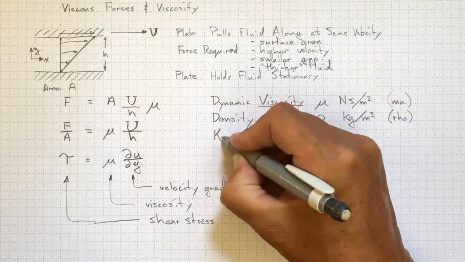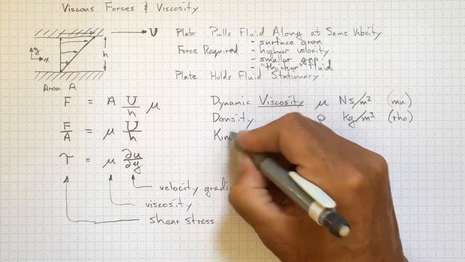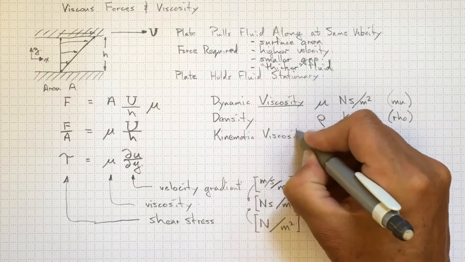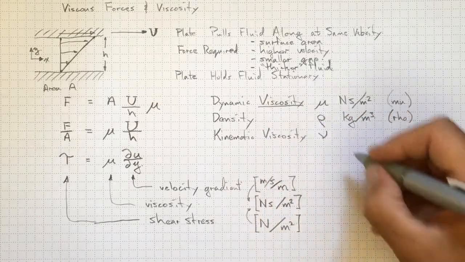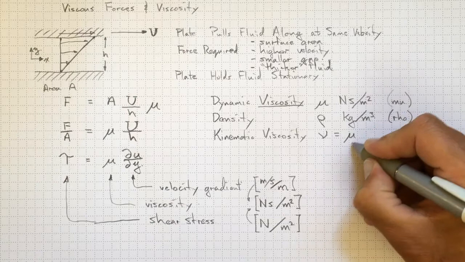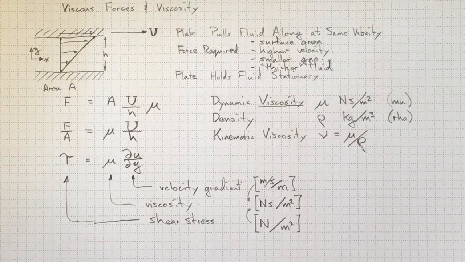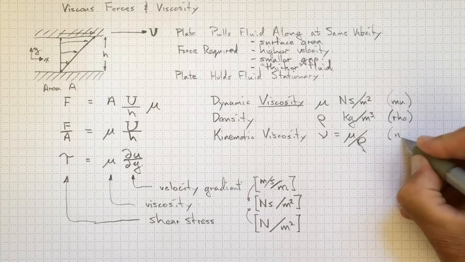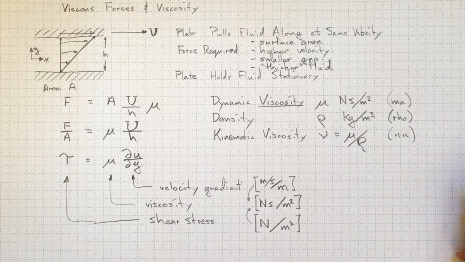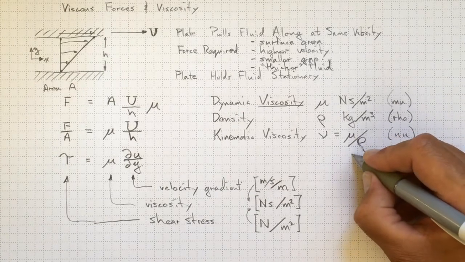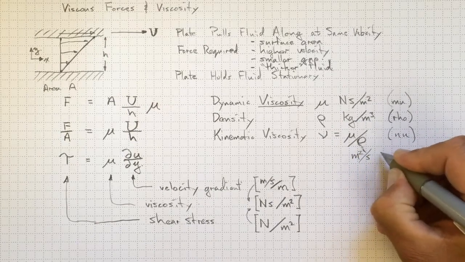And therefore we define a kinematic viscosity, nu, equal to just the ratio of the dynamic viscosity divided by the density, and we call that nu. The units for that are meters squared per second.